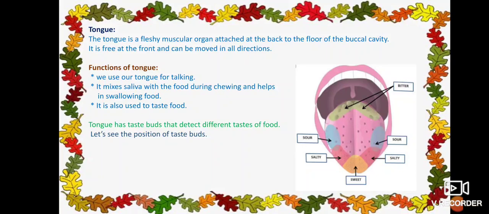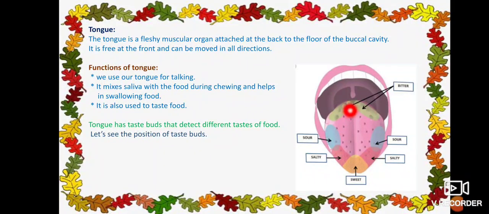Next we studied about the tongue. What is the function of the tongue? We use our tongue for talking, it is also used for mixing saliva while chewing, and it is used to taste food items. Some of the taste buds present on the tongue, which are those? Bitter, sour, salty and sweet taste buds. Where are they located?